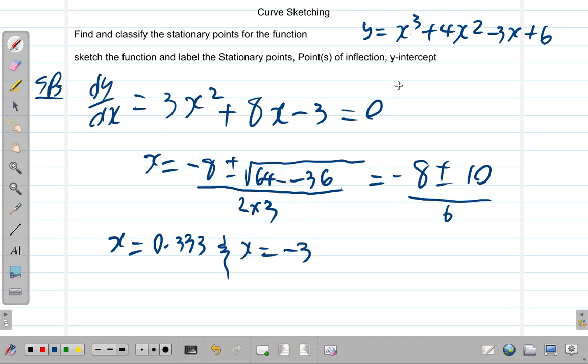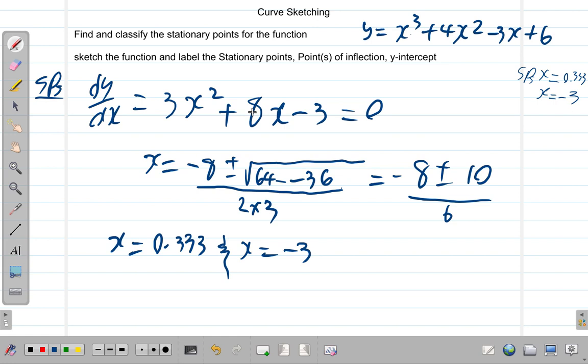So these stationary points are located at x equal 0.333 and x equal -3. Let me make a note here: SPs, x equal 0.333 and x equal -3. So we have the location of the stationary points.